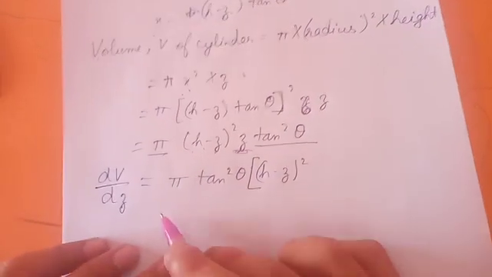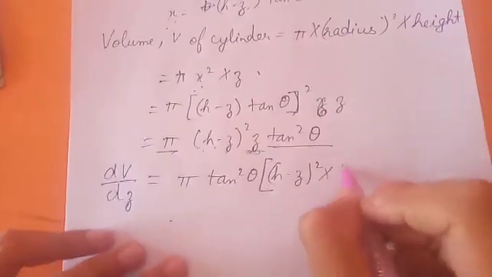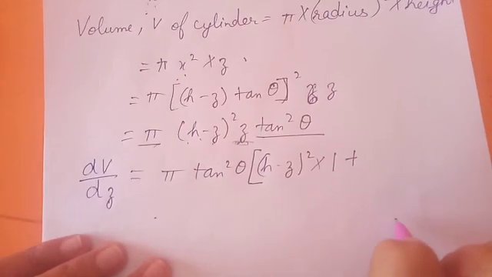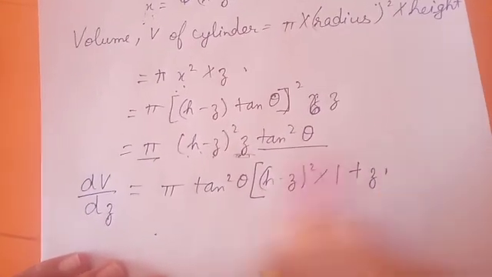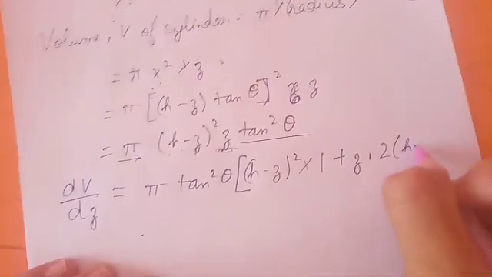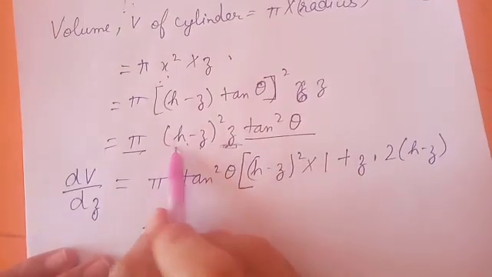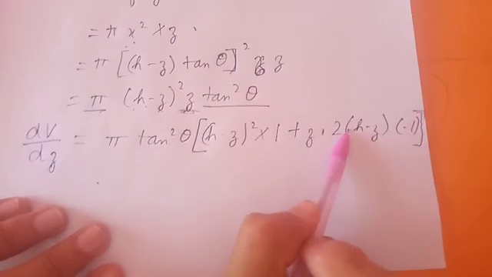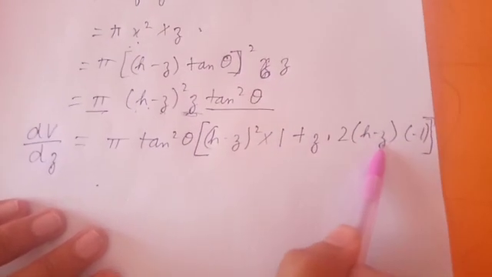Differentiation of z with respect to z is 1, into 1 plus z as it is, differentiation of (h minus z) whole squared, that will be 2 into (h minus z), and now of (h minus z), that will be minus 1, because h is a constant here so its derivative is 0, and of minus z will be minus 1.